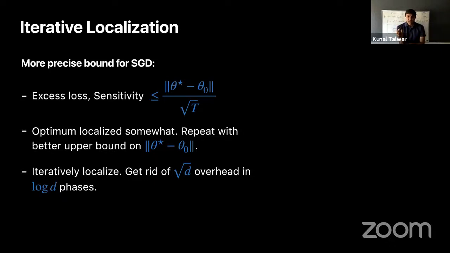And because I'm assuming the dimension is smaller than t, I can add some noise, and once I add noise, the gap will be like square root d times this sensitivity value. That's not great, I'm not super close to the optimum, but I have at least reduced the distance from the optimum to, let's say, a half from 1. Because if theta star minus theta naught was 1, and d is t over 4, then this times square root d is half instead of 1. So I've made progress. I have reduced the diameter of the set where I need to look by a factor of 2.